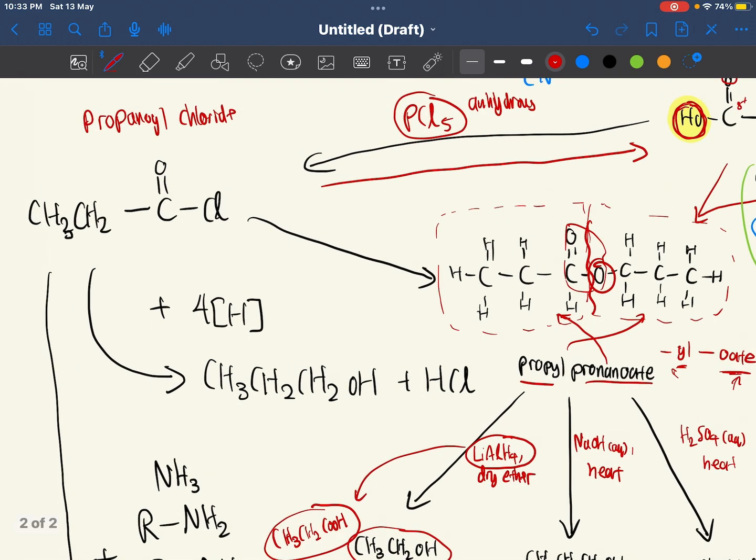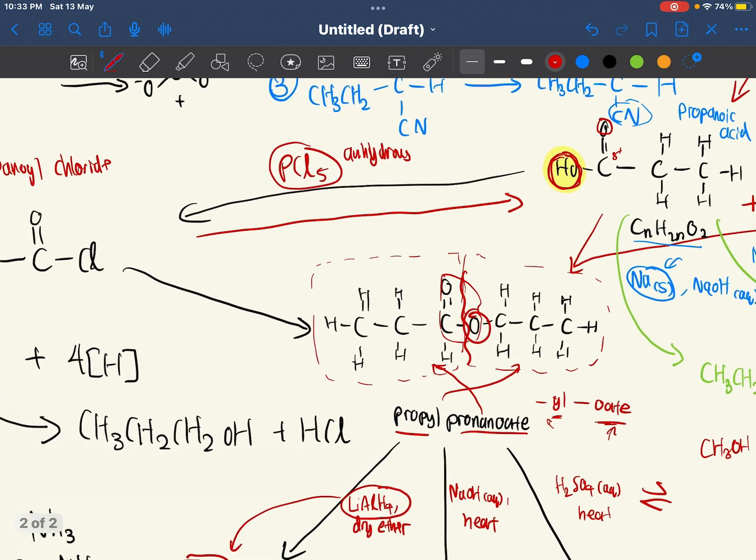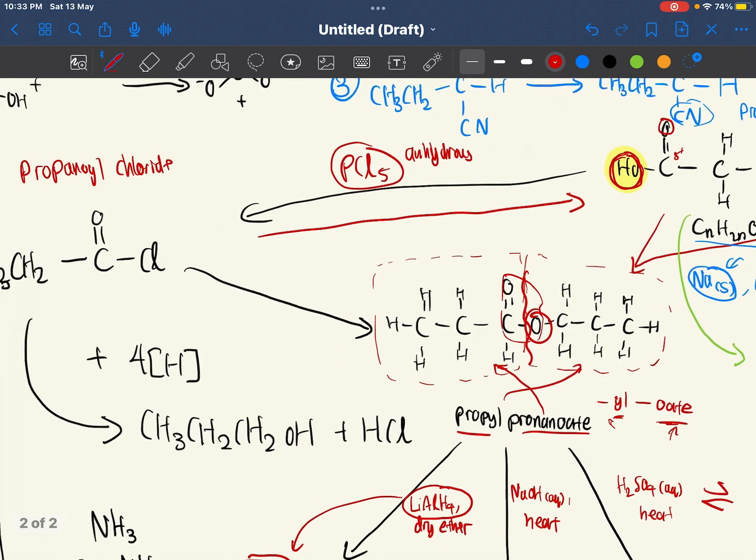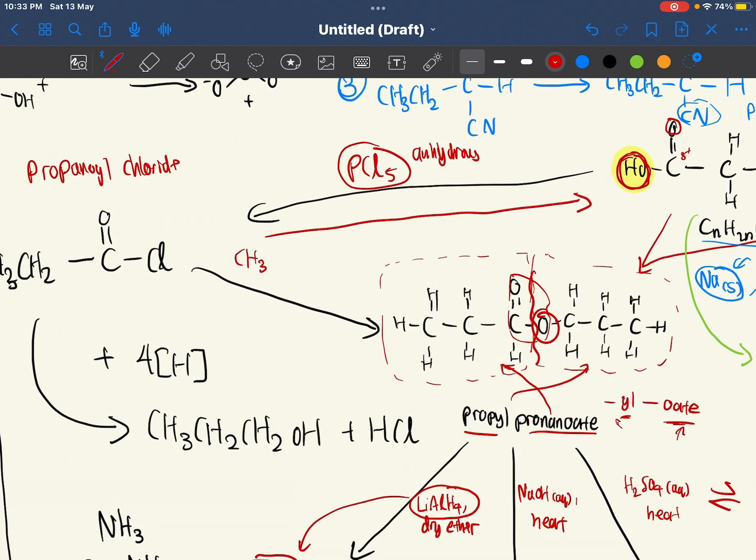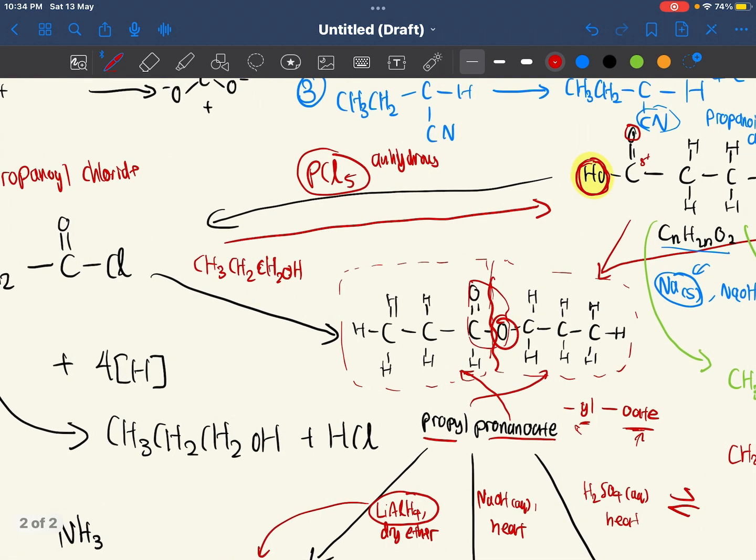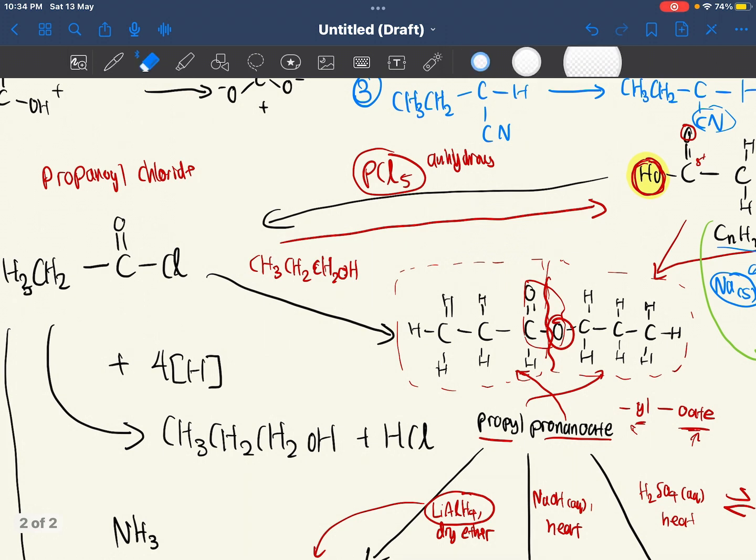Recall my propanoyl chloride can form an ester as well. So this is plus an alcohol, and the alcohol I choose to use here is propanol. What actually happens is that it will undergo an elimination reaction.